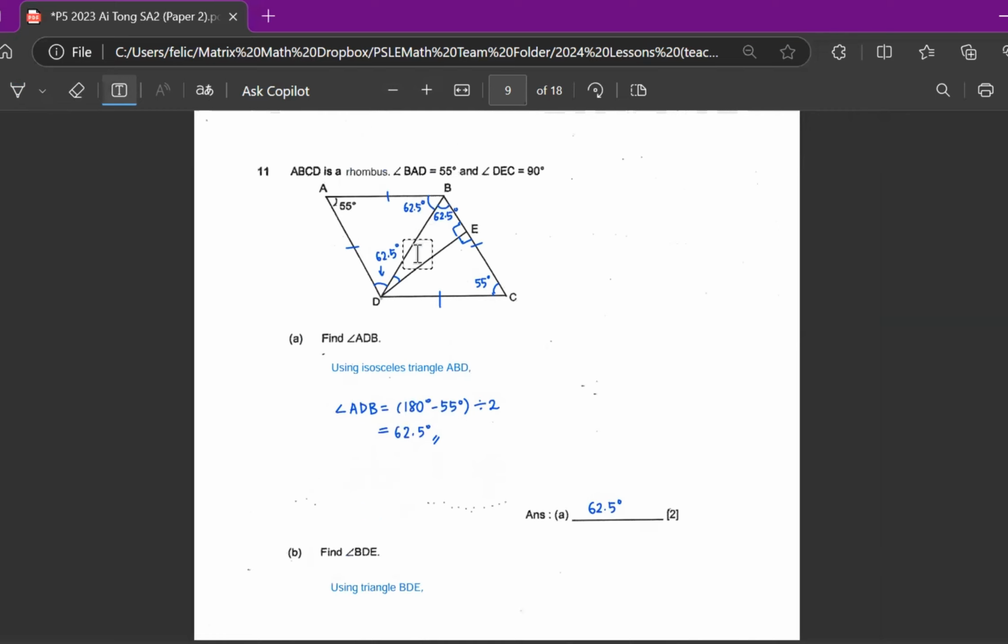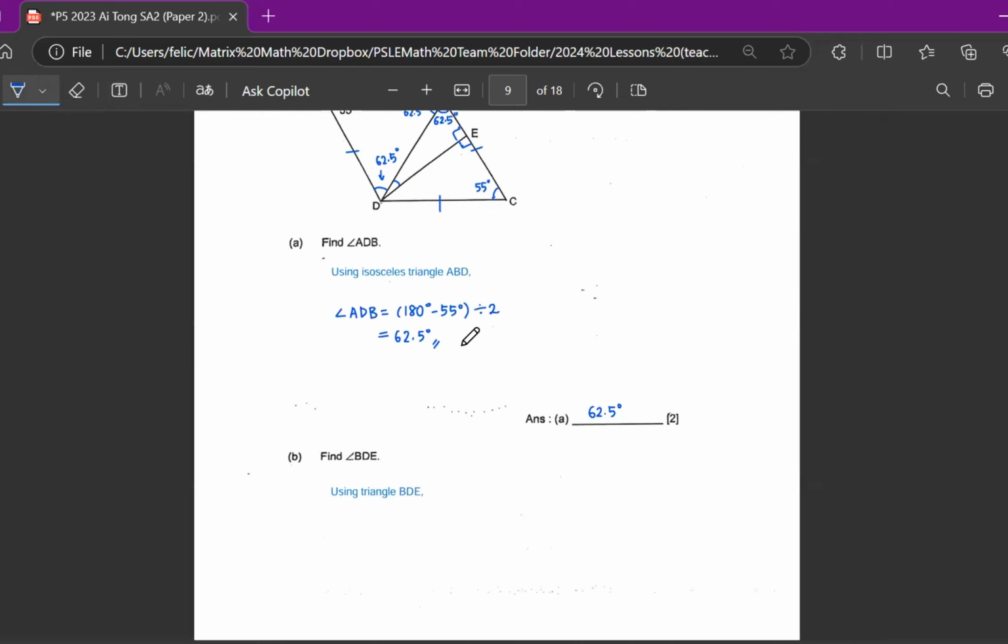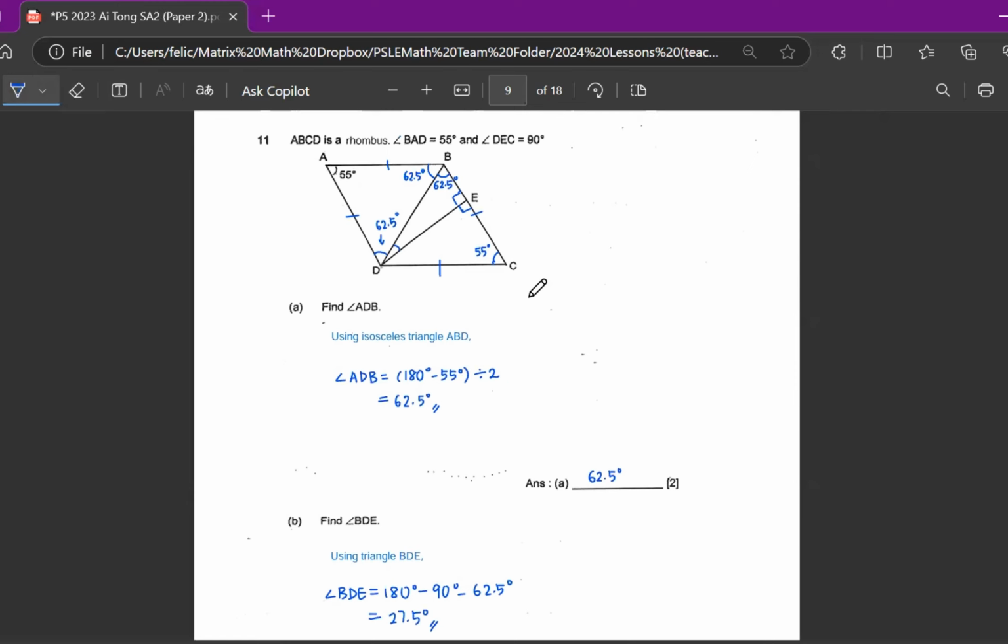Using triangle BDE, I can now use 180 minus these two corners to get the angle that's required. So it's really just applying your properties. Whatever properties you have learned, apply those. So this gives us 27.5 degrees. That's your angle BDE.